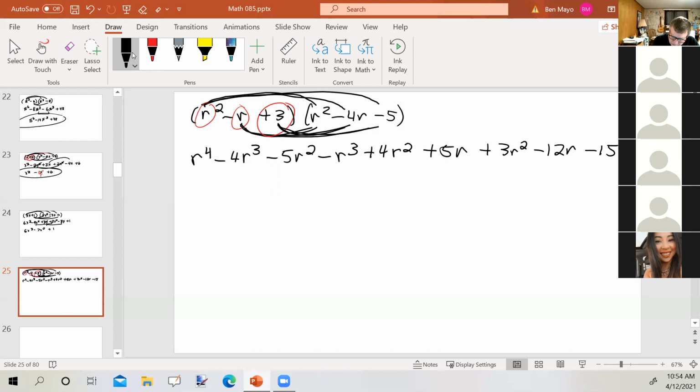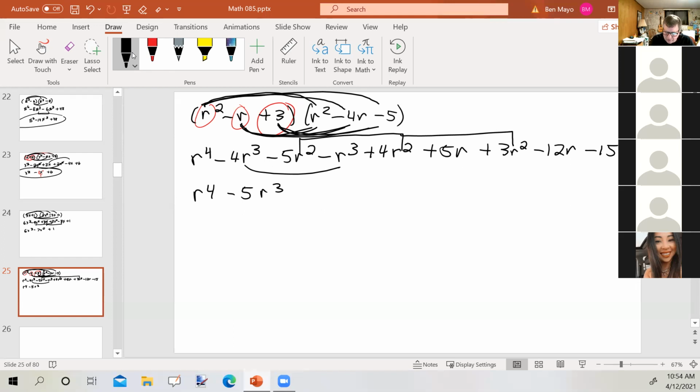Combining like terms, we're going to get r to the 4th. Minus 4r cubed minus r cubed is minus 5r cubed. Then we've got minus 5r squared plus 4r squared plus 3r squared.